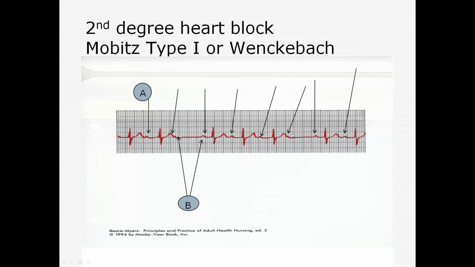Even though we dropped one here, if this is a 6-second strip, and let's pretend this is continuously going to be this way, 1, 2, 3, 4, 5, 6, 7, that's still 70 beats per minute. So a patient can live with that and be okay. If that's all it's going to do, 70 beats per minute, you probably won't need to do anything. Now imagine if these happen more and more often, or quicker, then it could drop your heart rate.